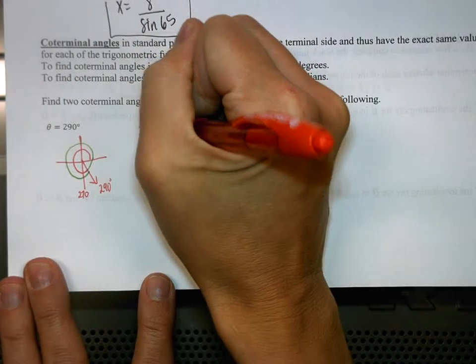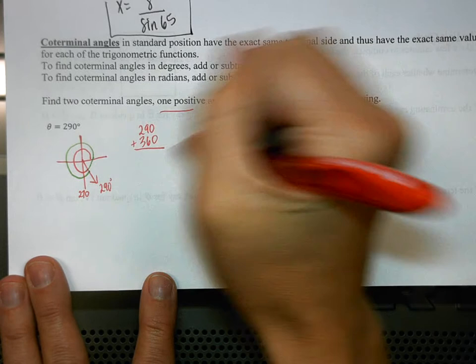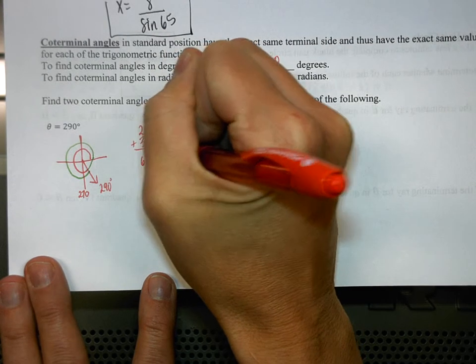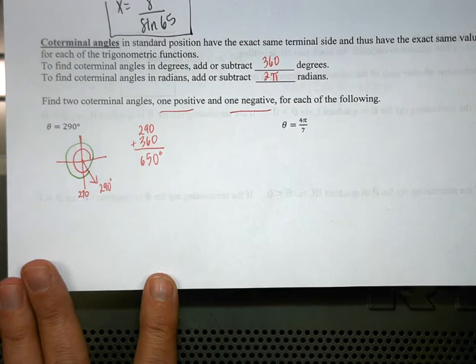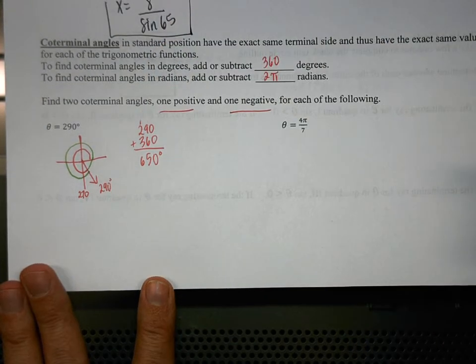So you find that by adding 360 degrees. So 290 plus 360 equals 650 degrees. To find the negative, you would subtract 360. Now, normally when we're subtracting, we want the bigger number on top.